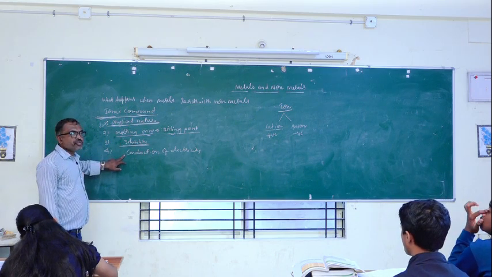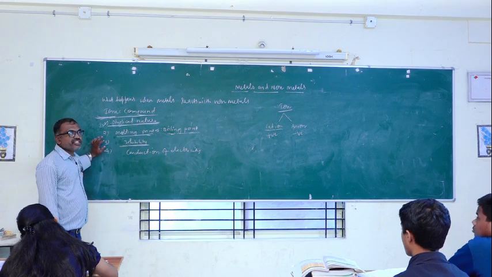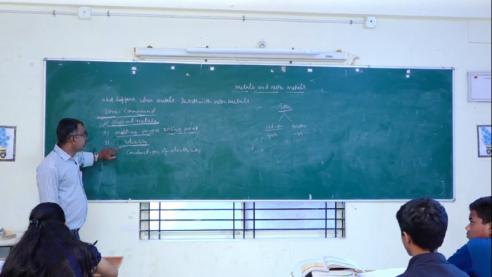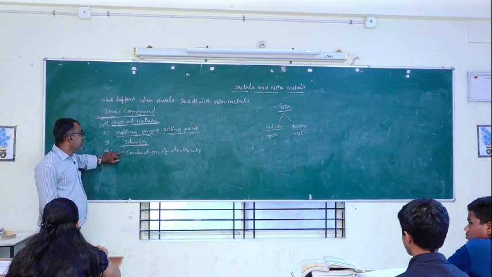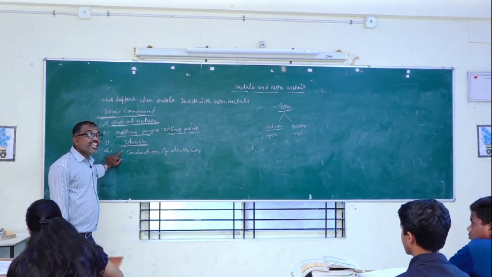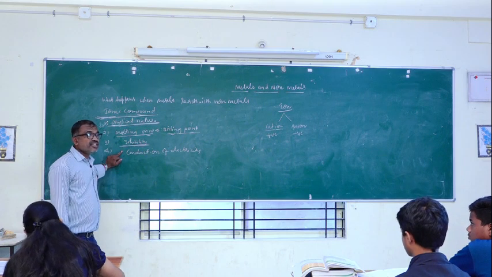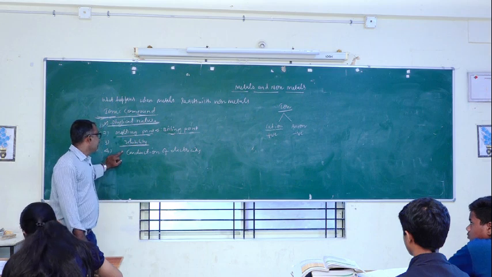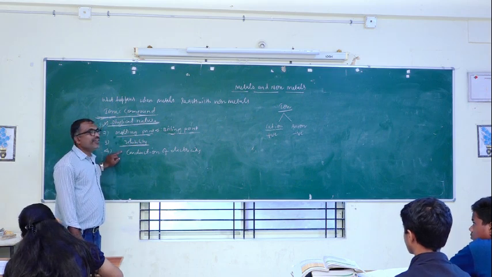Then the last one, conductivity or conduction of electricity. Ionic compounds are generally good conductors of electricity in aqueous solution, but in the solid state they are bad conductors of electricity.